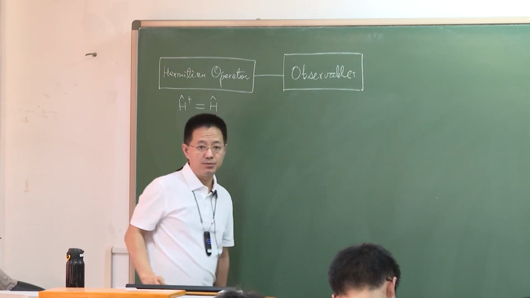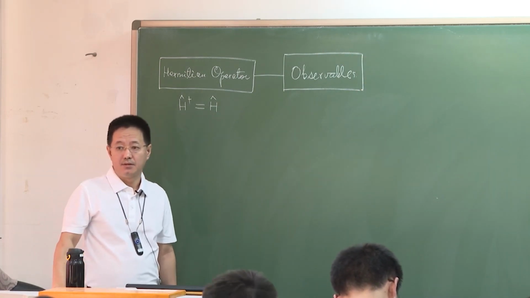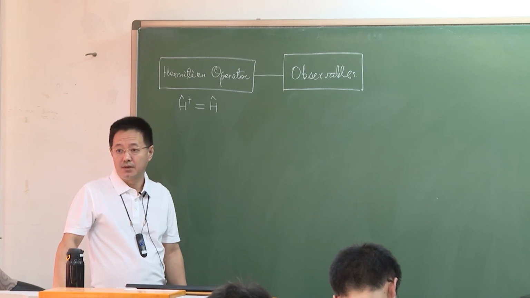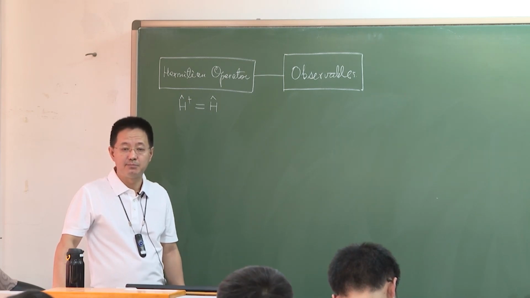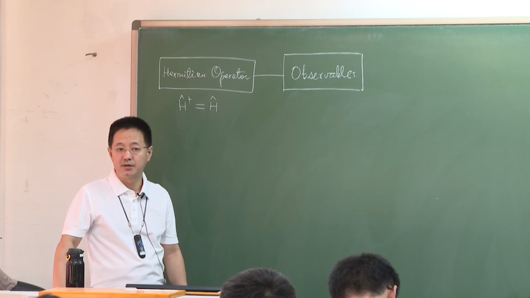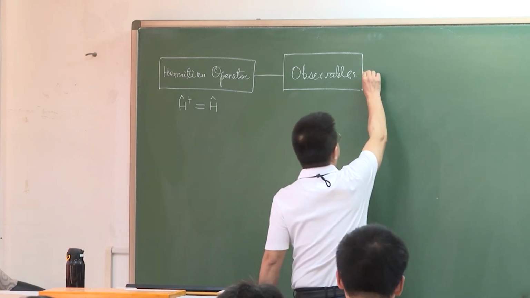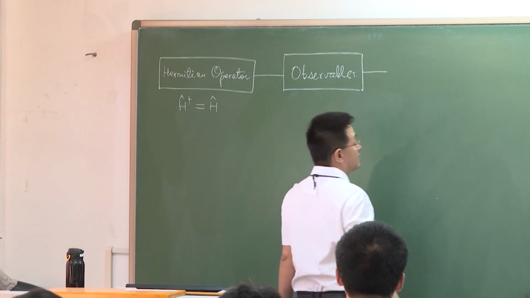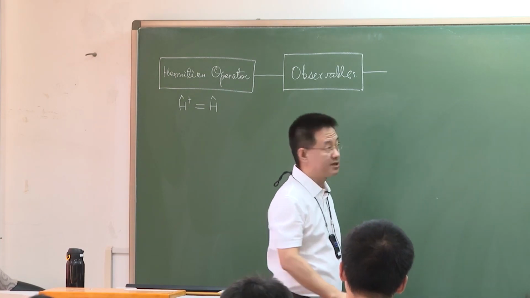The observable is an item in quantum mechanics. It is a physical quantity, and it is represented by a linear Hermitian operator. And the observable is connected with the quantum measurement.